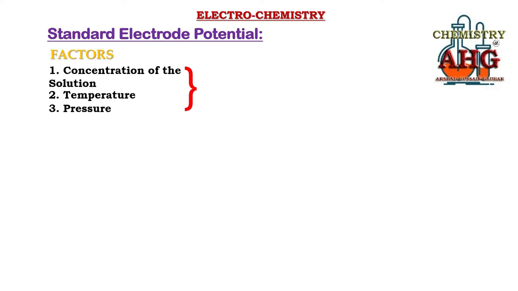For example, if by changing any one of these three conditions, reduction is favored in a given half cell, what does this mean? It means that half cell would become the cathode, because reduction always takes place at the cathode, and the cathode becomes positive in an electrochemical cell.